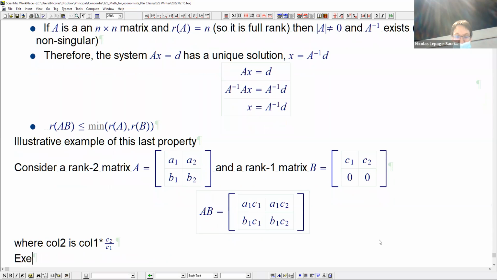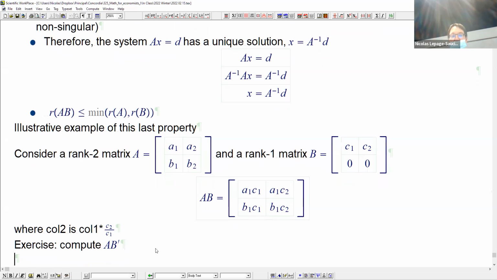So exercise for you: compute the same thing, just try A B prime, just to confirm that it doesn't matter if you flip B, you're going to get again something that is rank 1 as well.